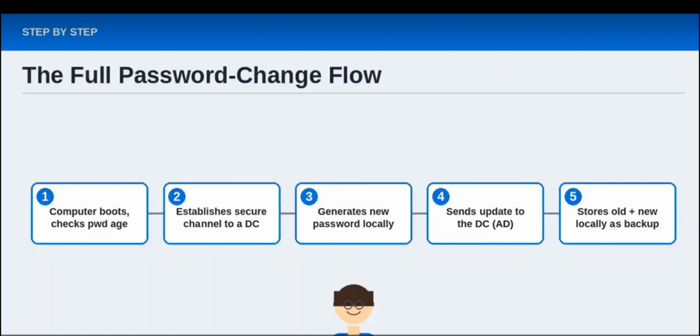But Windows adds one extra layer of protection. Instead of immediately forgetting the previous password, it temporarily keeps both the old and the new password locally. That backup can save the secure channel if replication delays or communication issues occur. So that's the complete password change flow that happens in the background.